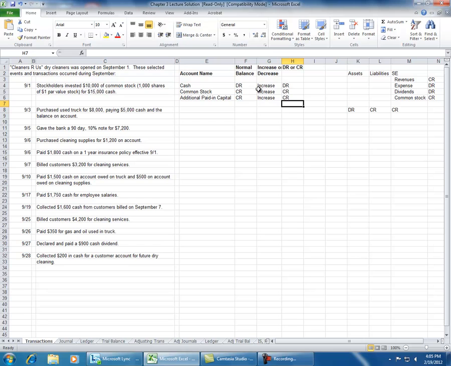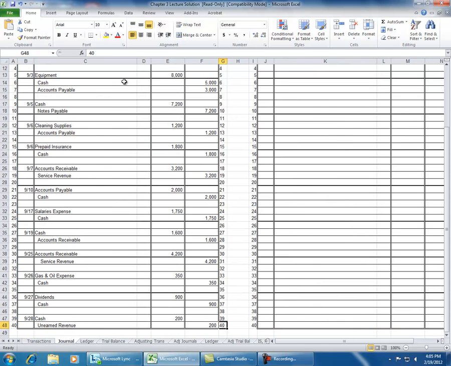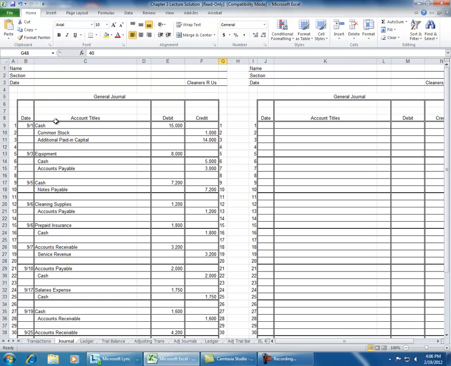So we'll end up debiting cash for the entire amount of $15,000, crediting common stock at par. Remember, common stock is always listed at par value, and additional paid-in capital will be for the difference. And let's just peek at the journal, and if I go up to the top here, you'll see here's your cash debited, listed first, and then you've got your common stock and paid-in capital.